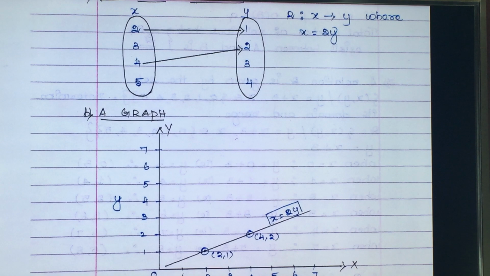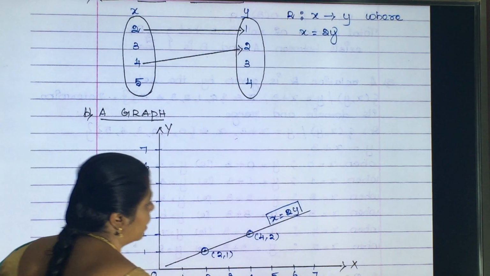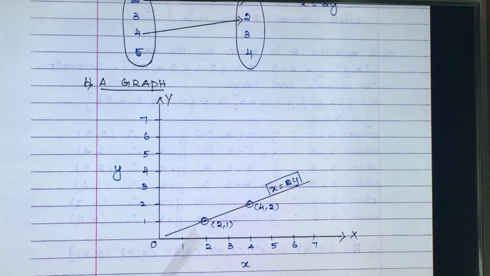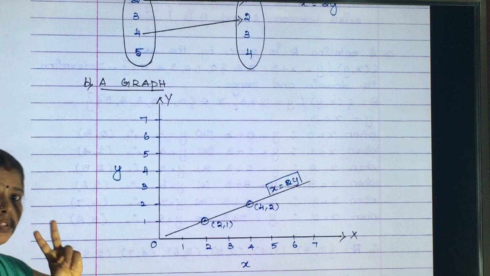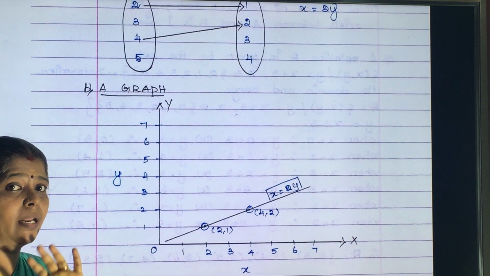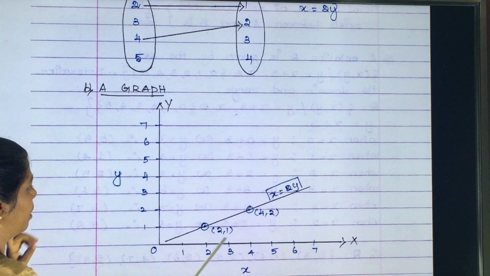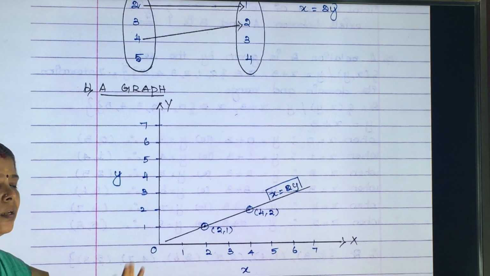The next one will be the graph. So you can draw a manual graph. This will be the horizontal axis, x axis, and this is the vertical, y axis. Now you need to plot only those 2 ordered pairs. Again and again I am repeating, it is (2, 1) and (4, 2), not the other ones.